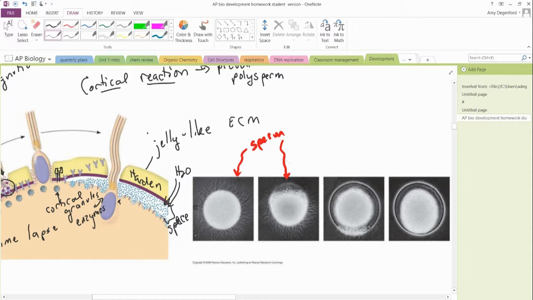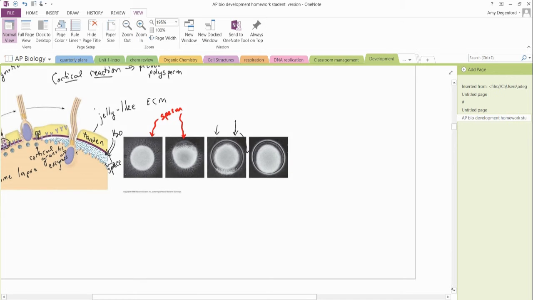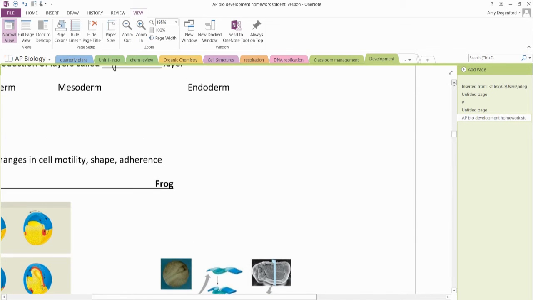You can actually see this membrane starting, and it wraps around the cell. As it wraps around the cell, notice all of these sperm cells are being pushed and blocked. At this point, that egg is fertilized. We now have a zygote, and now we can start looking at the details of the development.